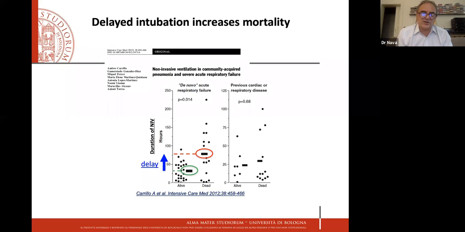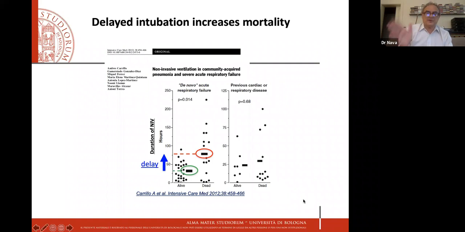The duration of NIV was around 24 hours, 1 day, not more, even too much probably. Patients, instead, who died, got the application of NIV for a prolonged period of time, 3-4 days.